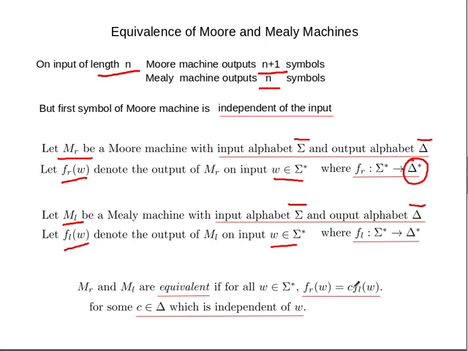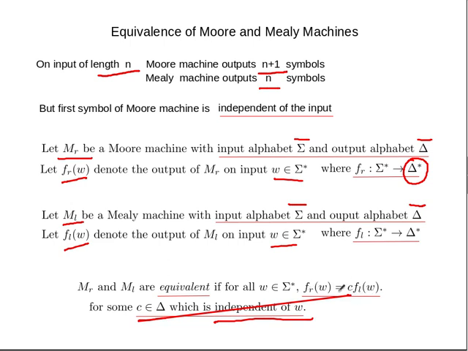That means the Moore machine will always have some output symbol C at the beginning, which is independent of w, but the rest should match.